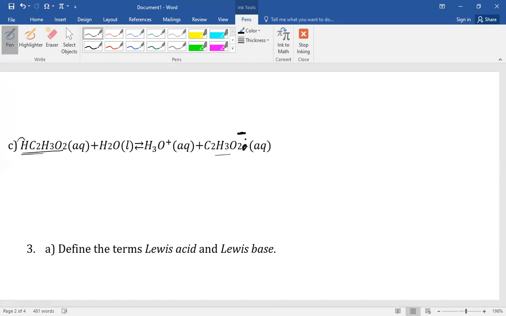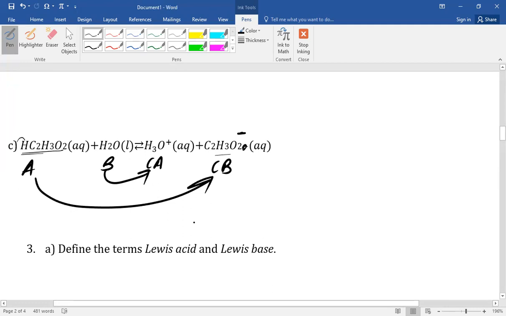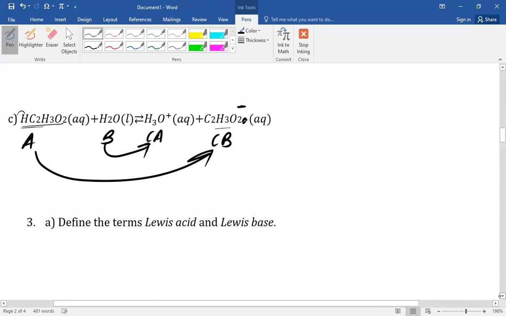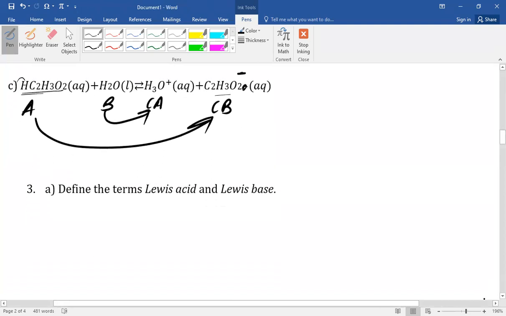So this is already the conjugate base, and that means that this is an acid. So therefore, this is the base. And since we didn't do this in the previous example, we can do that to make sure that you're okay with everything that is happening.